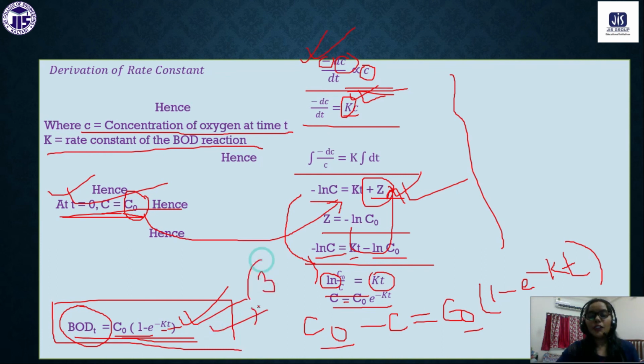Based on this equation there will be so many problems, and we will do the problems in our next class. Whatever I have written, C0 minus C equals C0 into 1 minus e to the power minus KT. So this is all about the derivation of the rate constant.